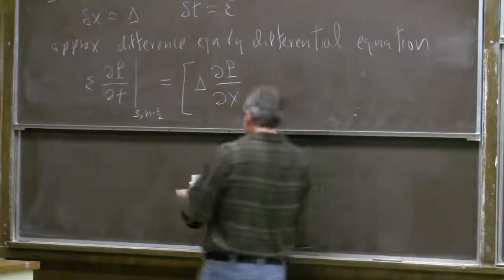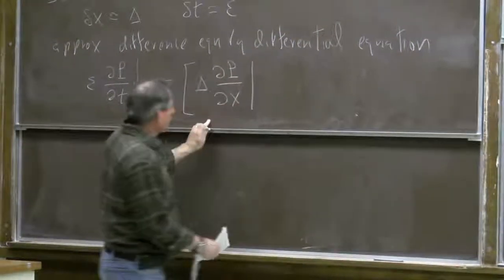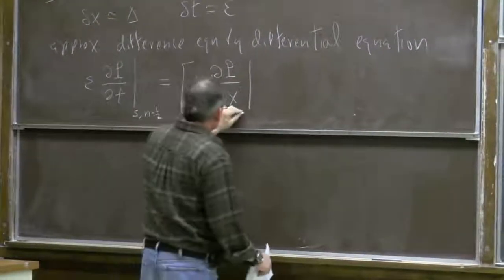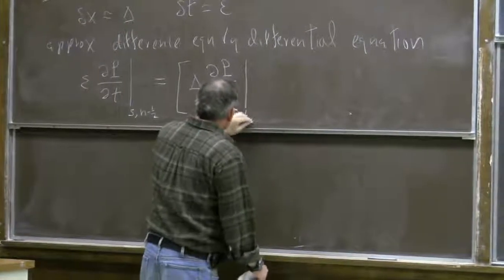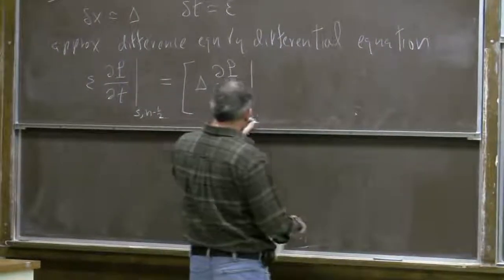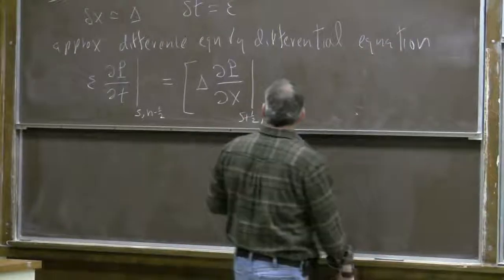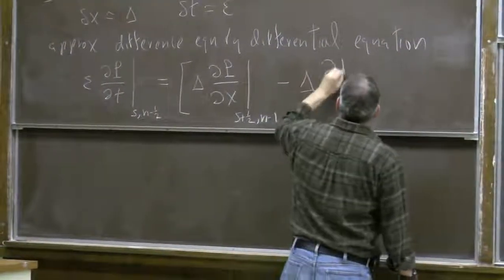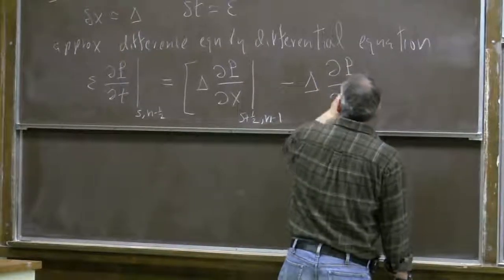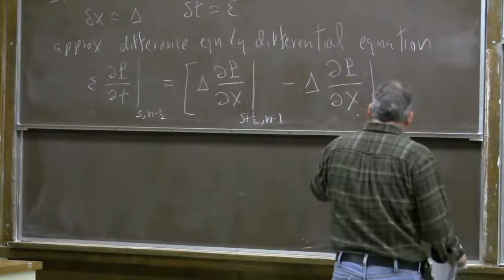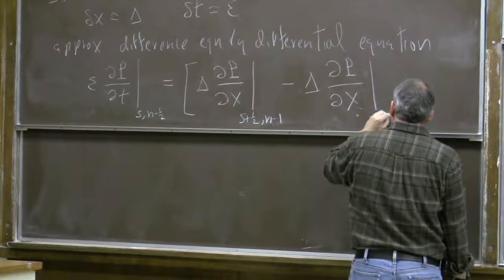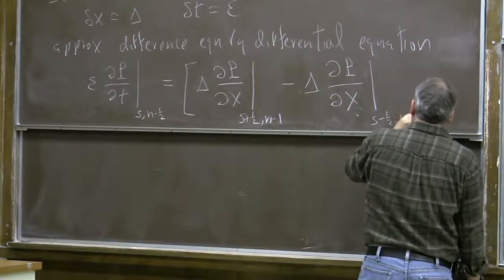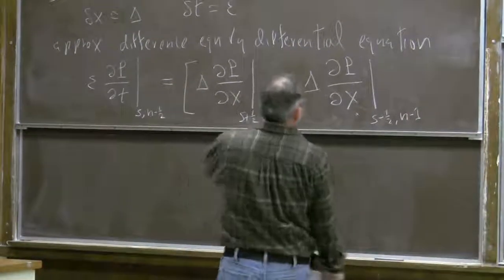So that's delta times the partial derivative of p with respect to x evaluated at position s plus 1/2, time n minus 1. But then I have minus delta times the partial derivative of p with respect to x evaluated now at s minus 1/2, time n minus 1. That's in the second term.